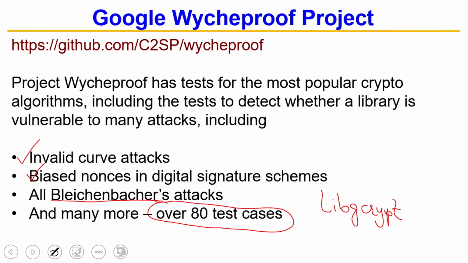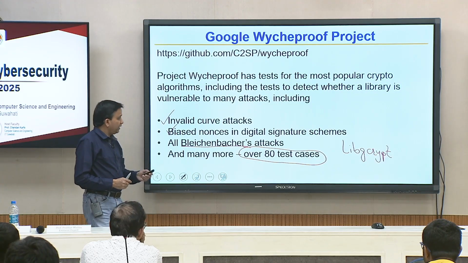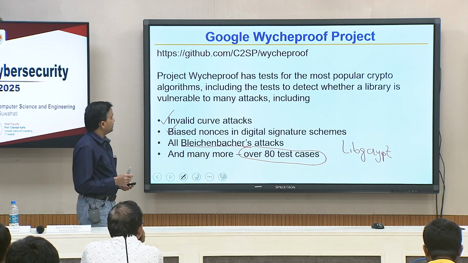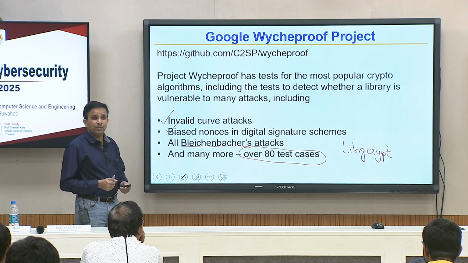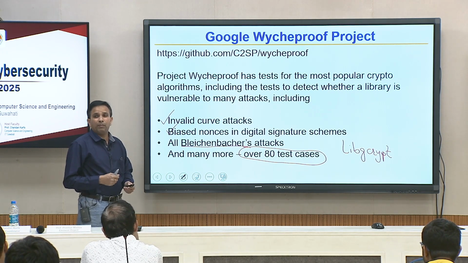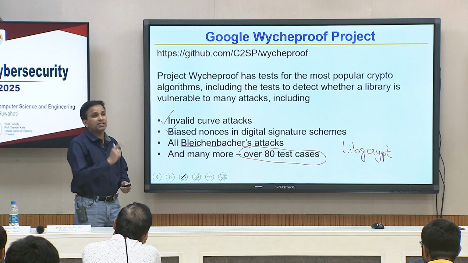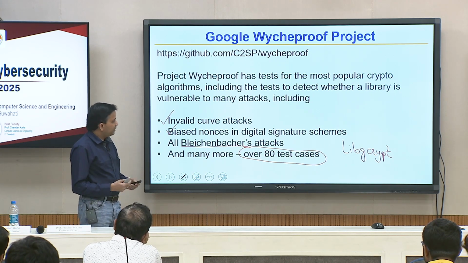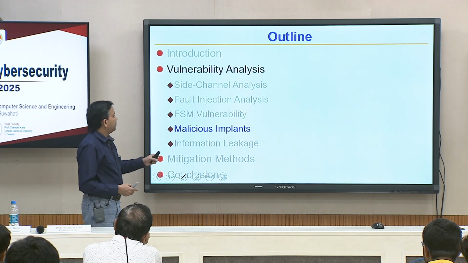I can't even pronounce it, I won't even try. So, there are many more, about hundreds of tests, each is unique, and that basically covers all the well known attacks on cryptographic libraries, at least software versions. Any question on the Wycheproof project? If you are planning to download or write, this is the starting point, then you can test on your own.